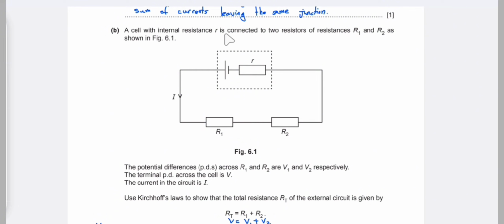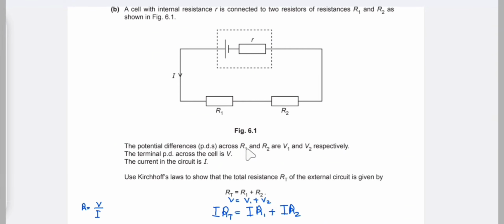Then a cell with internal resistance r is connected to two resistors R1 and R2 as shown in figure 6.1. The potential differences across R1 and R2 are V1 and V2 respectively. The terminal potential difference of the cell is V. The terminal potential difference is always across the terminals of the cell.